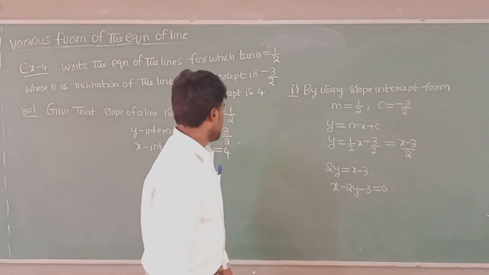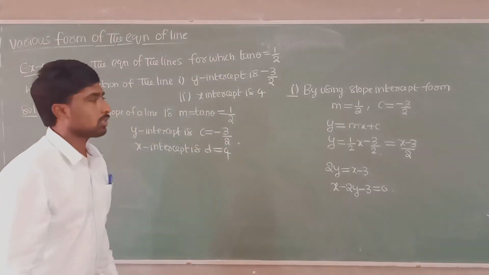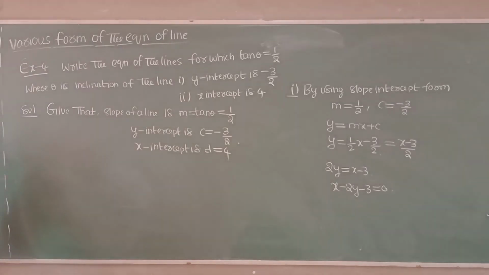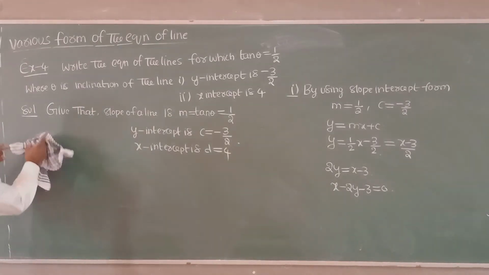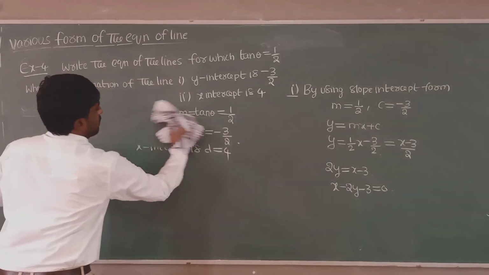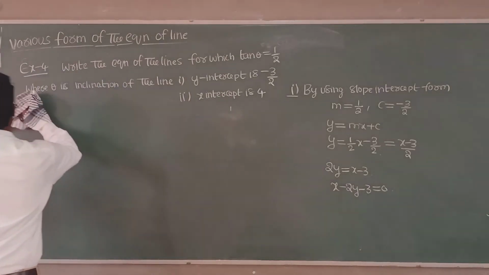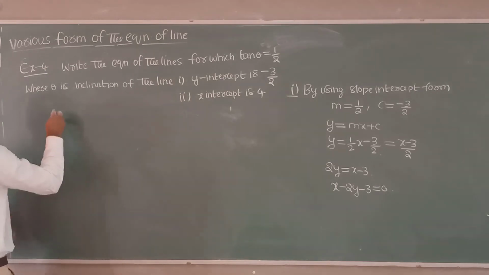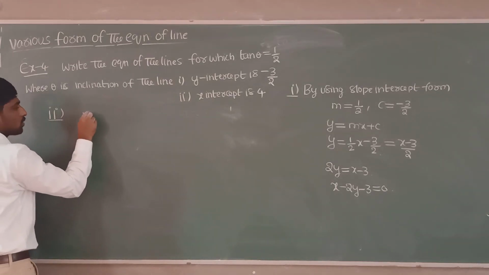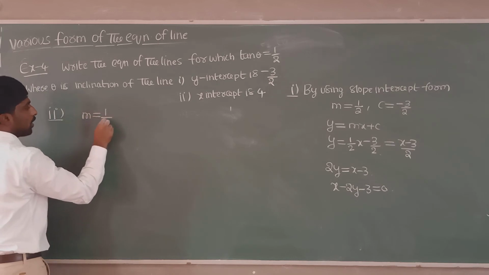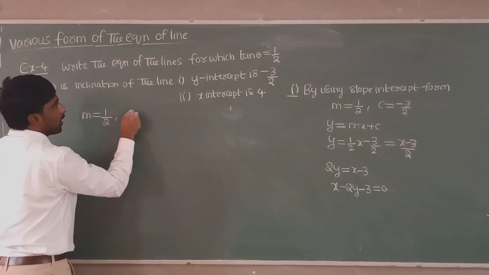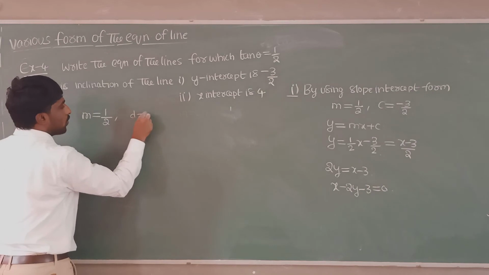Next, the second problem. All of you note this down, I will discuss the second problem. The second problem is this one. They give the slope as 1 by 2, and the x-intercept they give as 4.